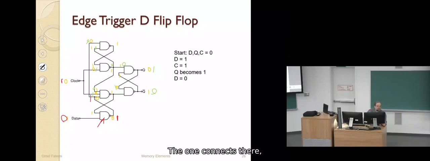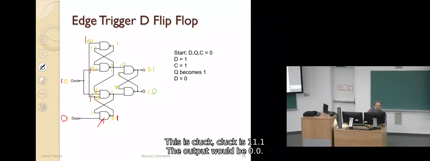The 1 is connected there. And now we have 1 here, so this one goes to the NAND at the top. That is 1, and the clock is 1. Clock is connected to 2 NANDs, one at the top bottom, the other at the middle. So clock is 1.